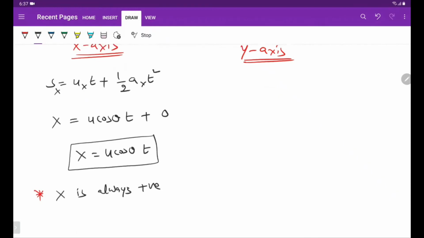Next we go to the y coordinate: sy is equal to uy into t plus half ay into t square. Here sy is just y, uy is u sin theta, and ay is minus g, because the downward direction is negative in this situation.